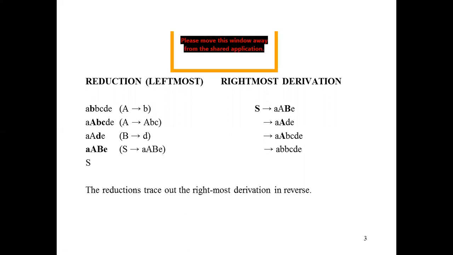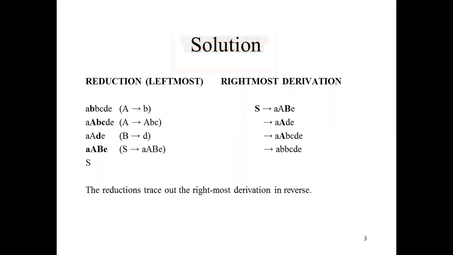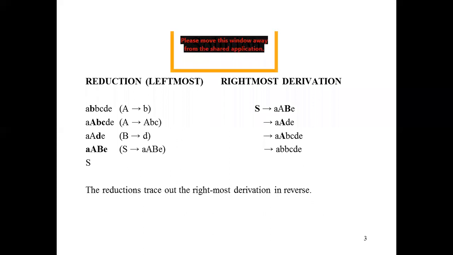Now you have already seen that we start from the given grammar, and whenever we reduce the final string, we are able to achieve the single node, that is capital S. It means the given grammar is not faulty, it is okay.